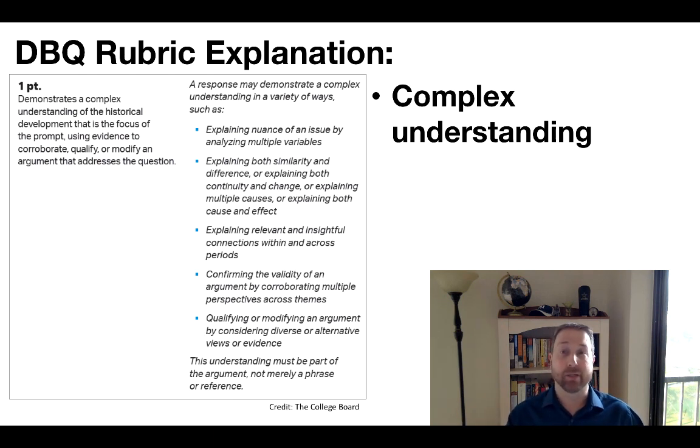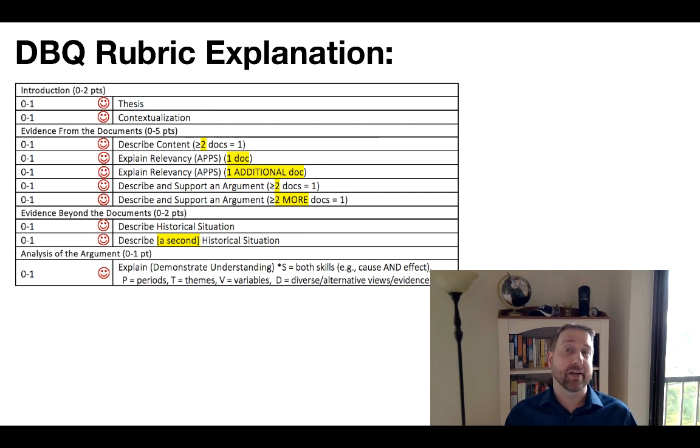So, for example, perhaps compare responses to the Spanish flu with responses to the Black Death. You can corroborate multiple perspectives across themes, analyze multiple variables, or modify the argument by considering diverse or alternative views or evidence. Now, this is typically the hardest point to earn on the whole rubric, so honestly, attempt this only if your entire essay is completed. Okay, so there you have it, the 2020 History DBQ explained in a nutshell.